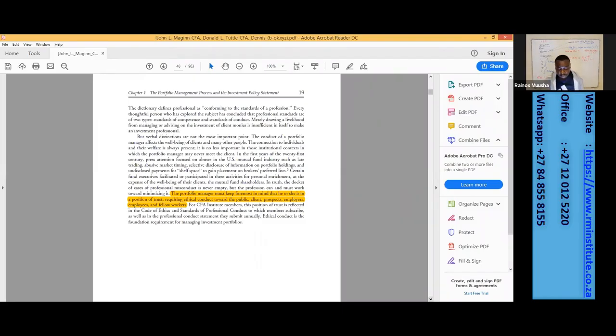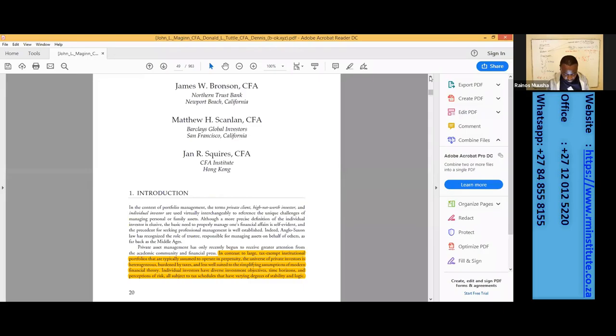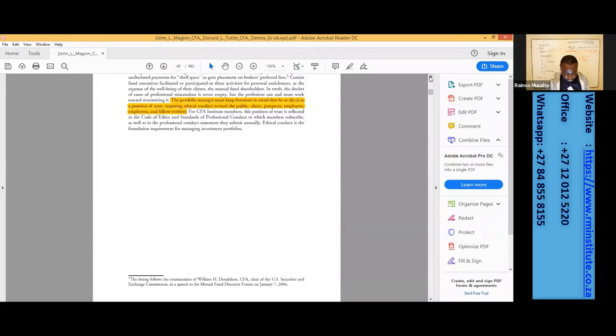That's why, if you are studying for the CFA designation, whether you're doing level 1, level 2, or level 3, you're always going to have a section which covers ethics. There's always going to be a need for you to act ethically, especially portfolio managers, because they are the ones managing the funds on behalf of the clients.